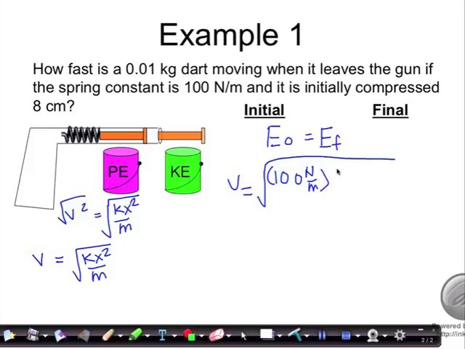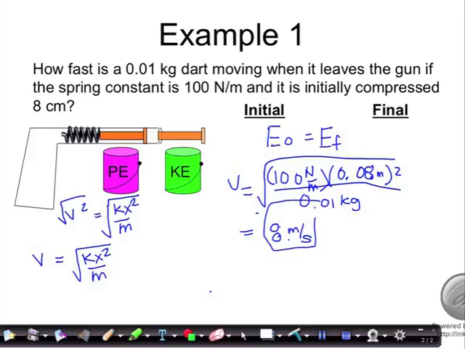Our x value is how much it's compressed, which is 8 centimeters, so that's 0.08 meters, and we want to square this value divided by the mass, and our mass is 0.01 kilograms. When we plug this into our calculator, we should get, and make sure you verify this as well, 8 meters per second as our velocity.